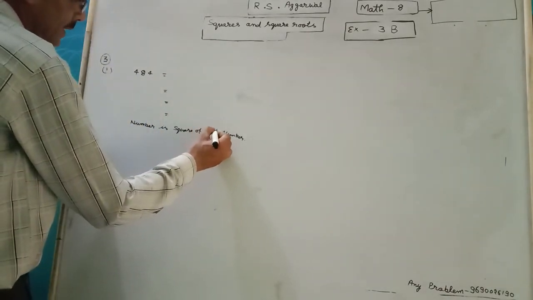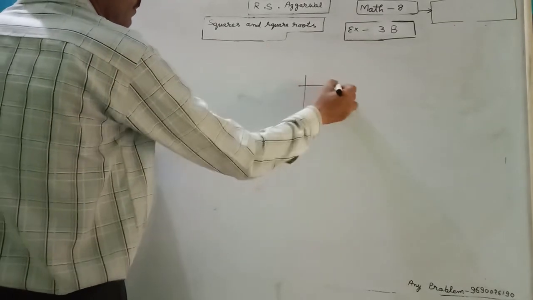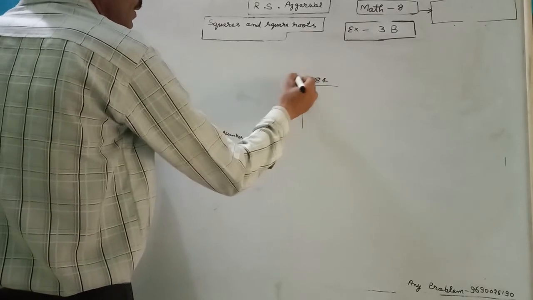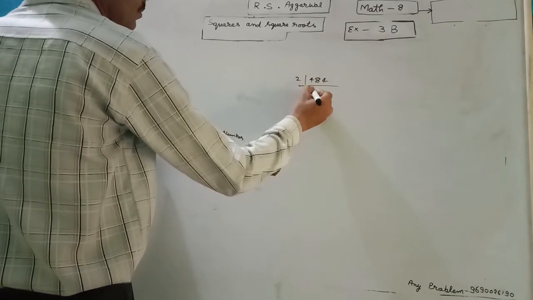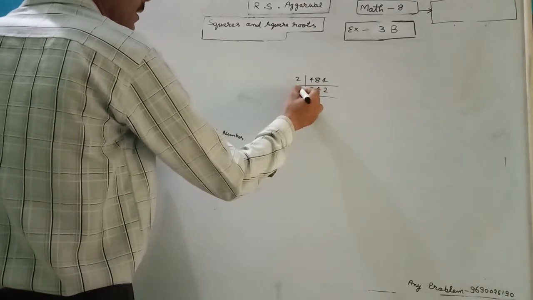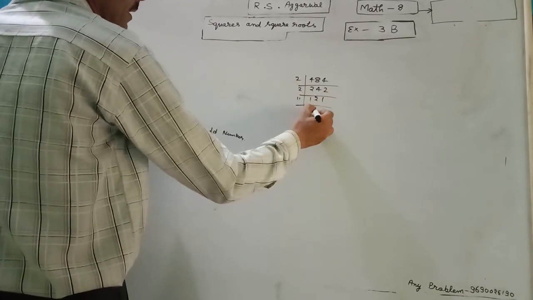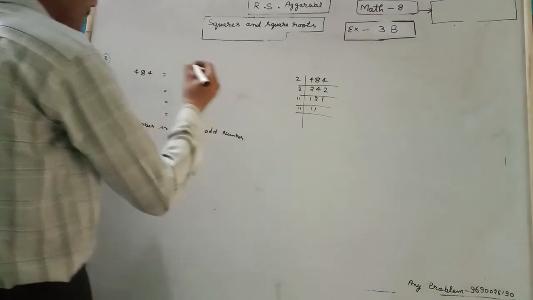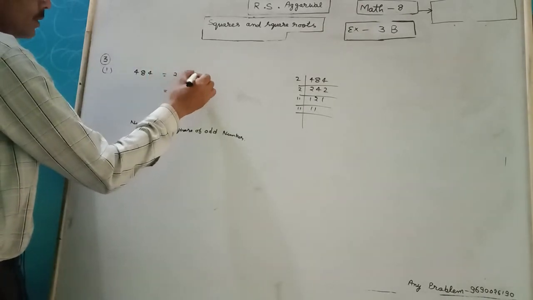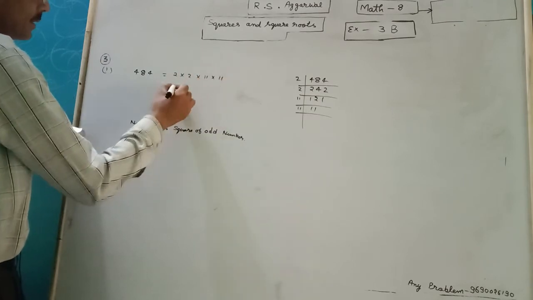Question number 2 and 3. Do the factor. 484 divide by 2, divide by 2, divide by 11. Write the factor. 2 into 2 into 11 into 11.